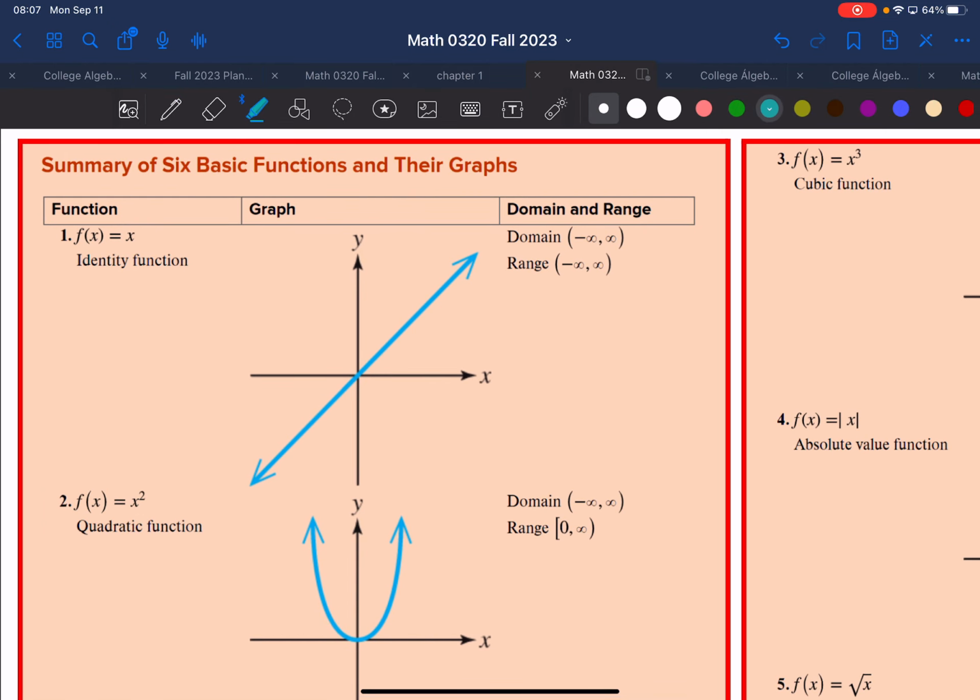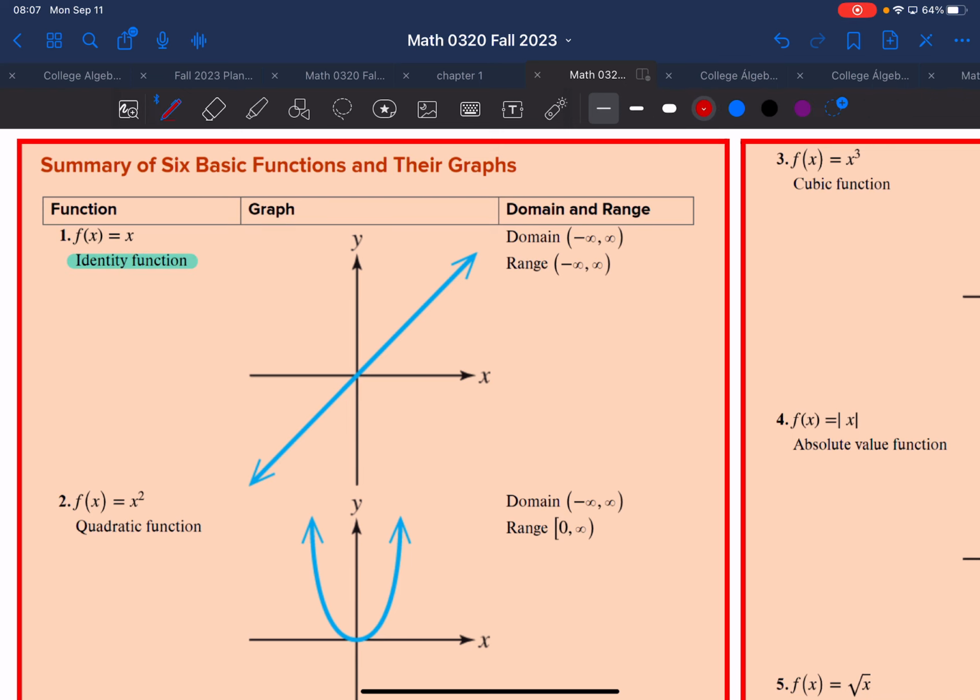The first function we have here is the identity function. The identity function is a linear function. The reason it's called the identity function is because this f of x is equal to x, so y is equal to x. This is just the parent function of all linear functions since this is going through the origin.